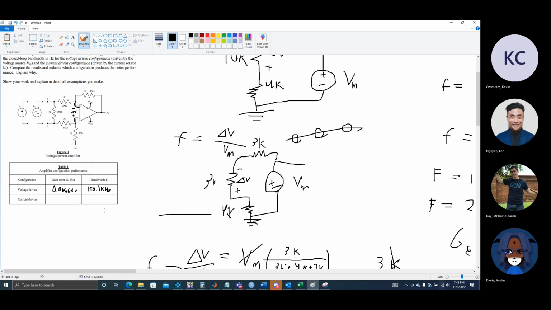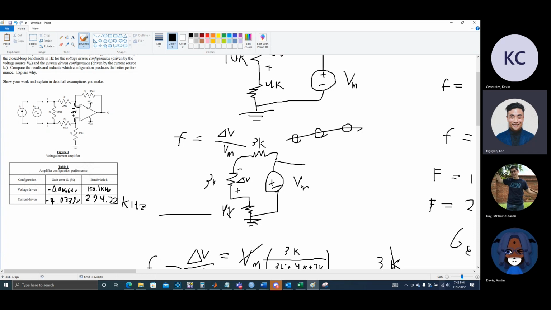So 294.22 kilohertz. And then a gain of, oh wait, I forgot to include the negative sign up here. Negative 0.0339%.